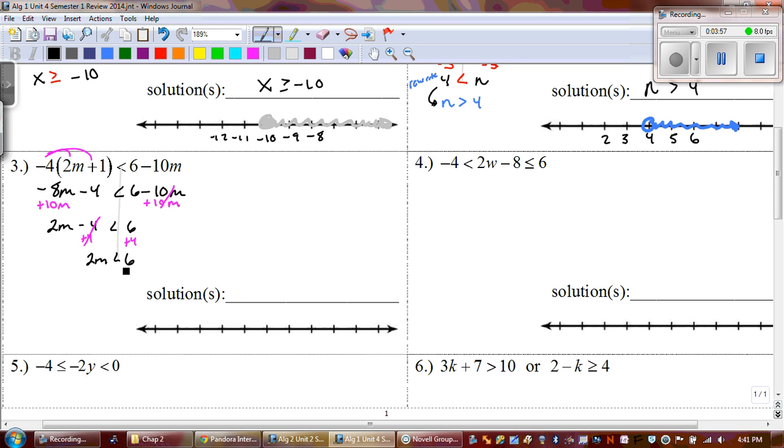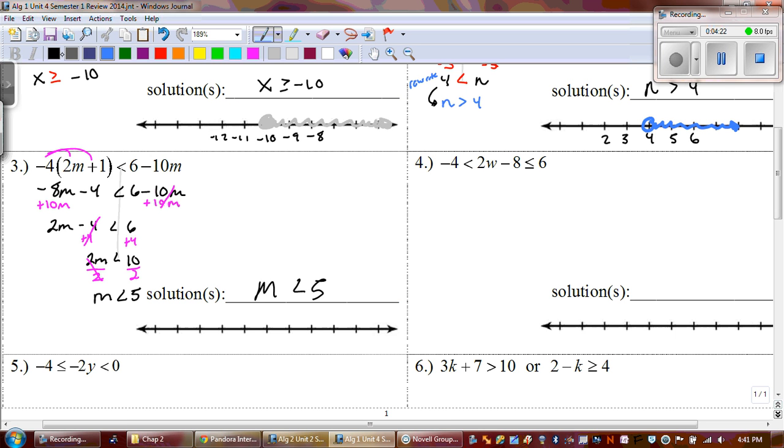Or not 6. Come on, Mr. Grice, wake up. 6 plus 4? 10. And now, to get the m by itself, we divide by 2. And we get m is less than 5. So there's no flipping since we didn't divide by a negative, and the variable's first, so we're all good.